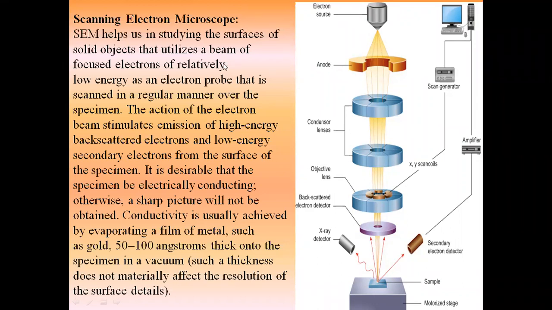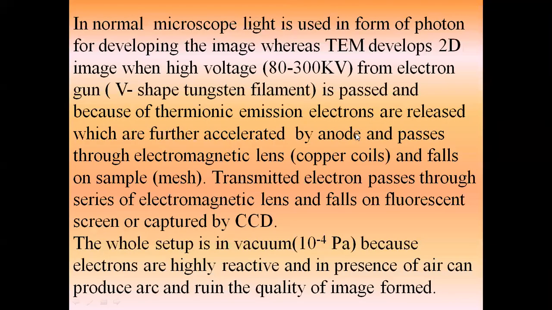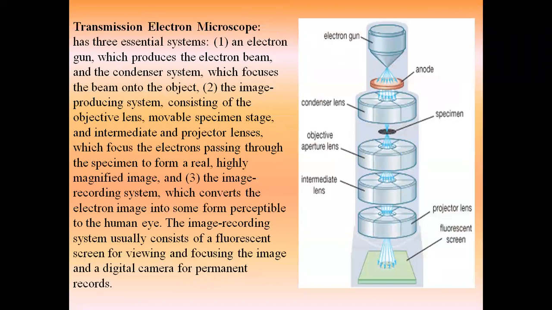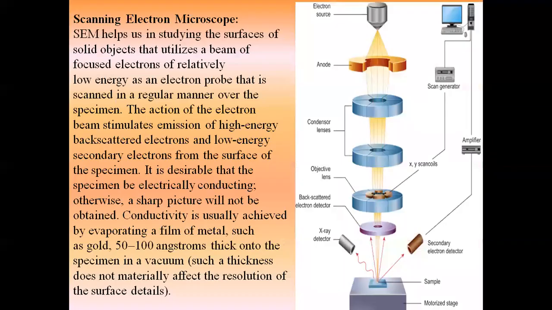Whereas in a transmission electron microscope, the sample is kept somewhere here, just below the condenser lens. In the scanning electron microscope, your sample is kept just at the bottom.